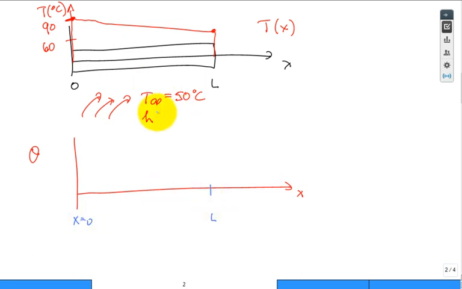If T infinity is 50 and the base temperature is 90 degrees, theta is 40. All right, what's theta at L? 10. And so then theta would go from 40 down to 10 in this example. So that's what theta is. Theta is a temperature difference, T, which is a function of x, minus T infinity, which is not a function of x, a constant. Okay.